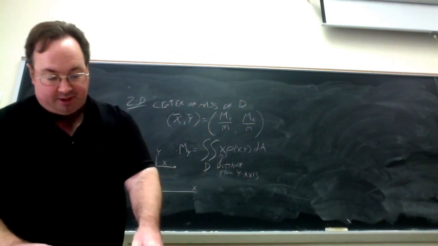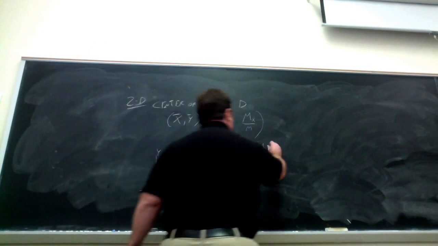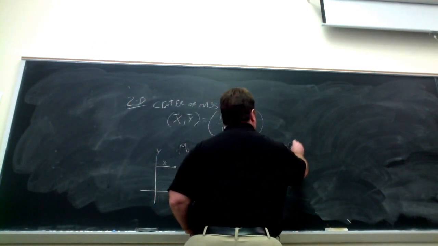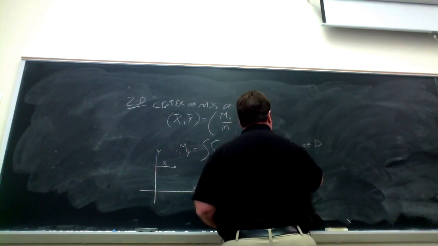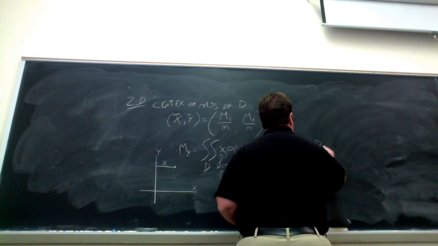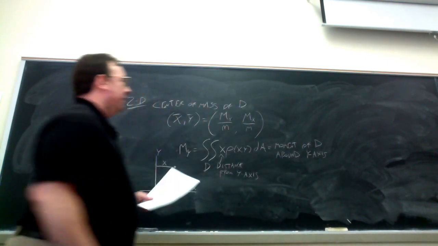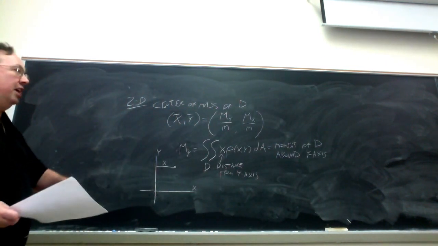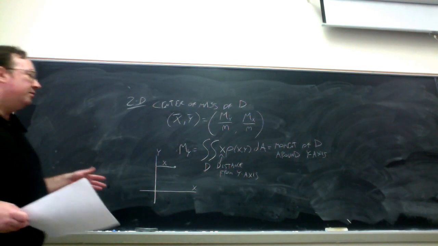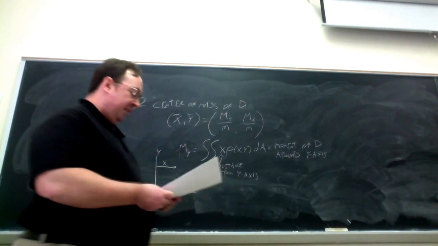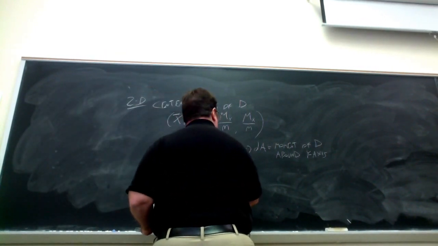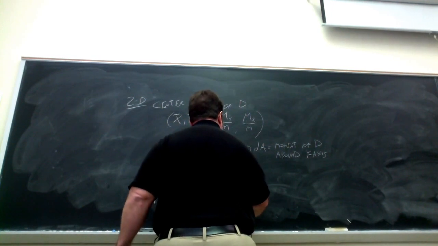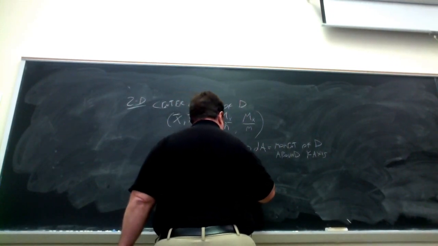So this m sub y is called the moment of your object D around the y-axis. That is why it has y as a subscript. It's just that we have to use the other variable x to give the distance from whatever we're taking the moment around. And then similarly, m_x, the moment around the x-axis, what we have here is the distance from the x-axis, which would be y.